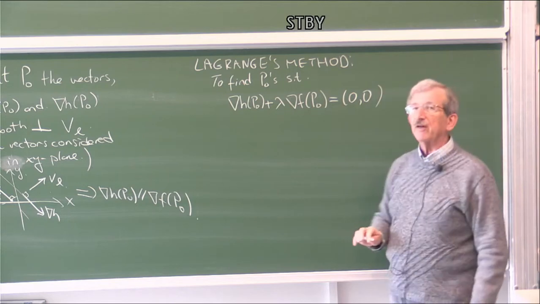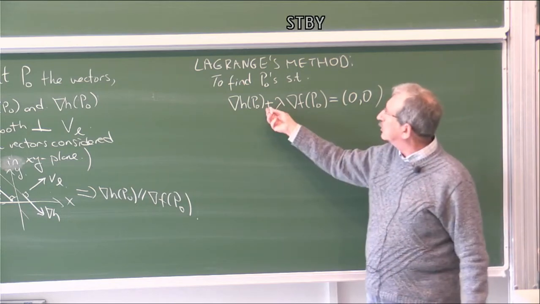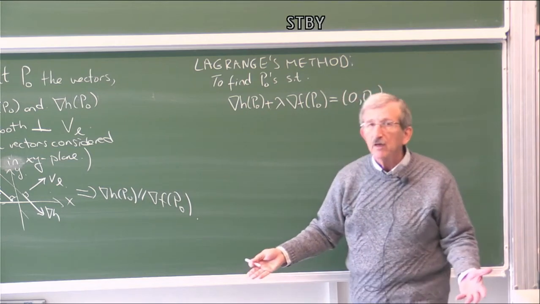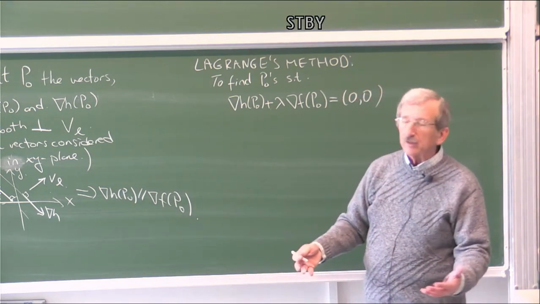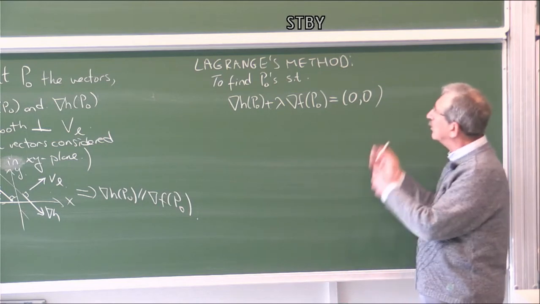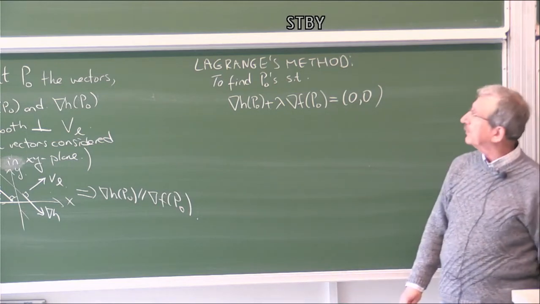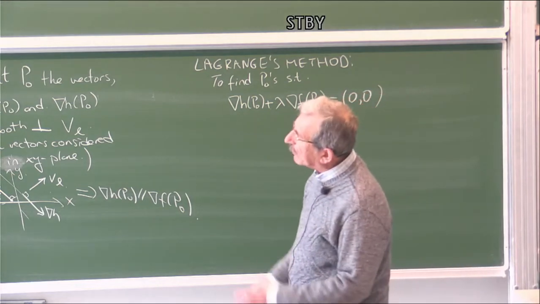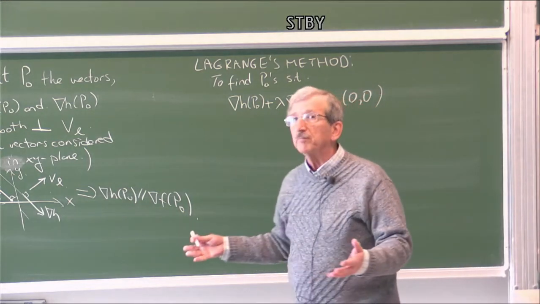Sometimes one puts a minus sign here, but there is no guarantee that lambda is positive, so it could be any real number. On the other hand, p0 is not an arbitrary point in the plane.